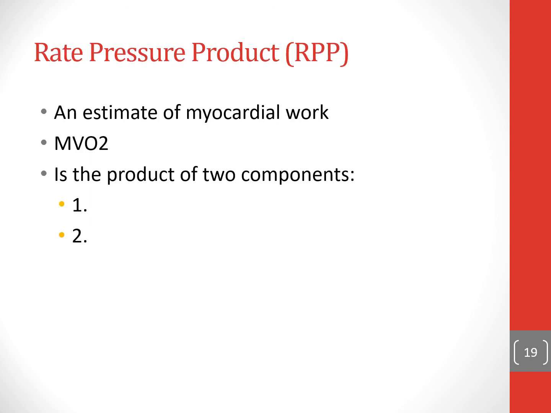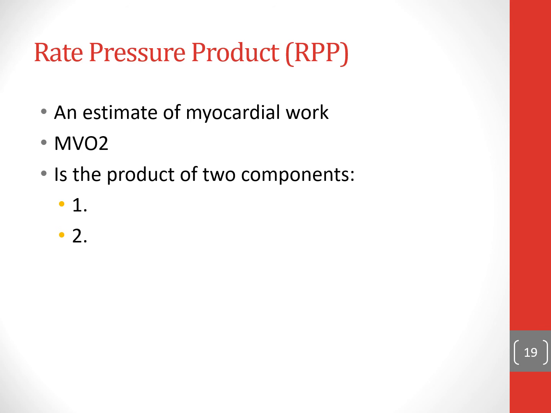One other factor that we can measure related to the heart would be the rate pressure product. The rate pressure product is an estimate of myocardial work, sometimes called MVO2. So again, we're considering the amount of oxygen utilized by the heart muscle itself. There are two components associated with rate pressure product.